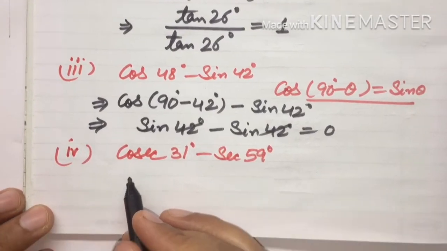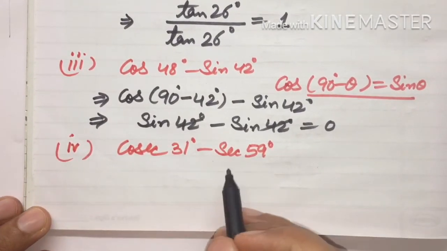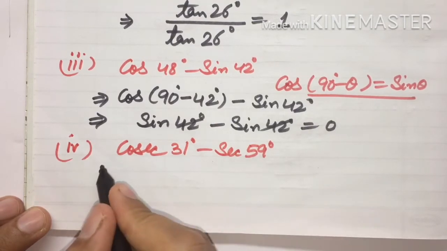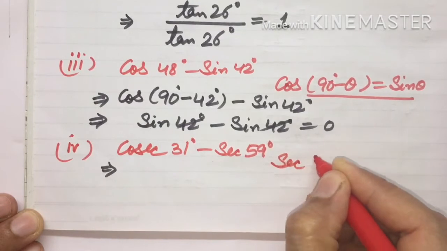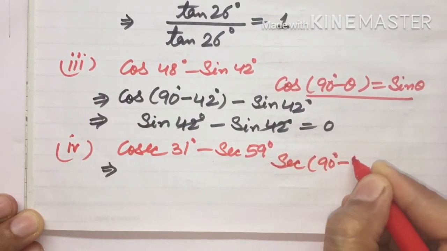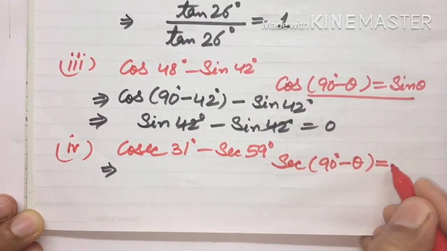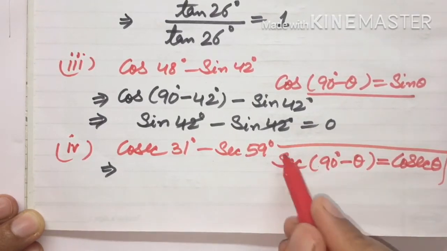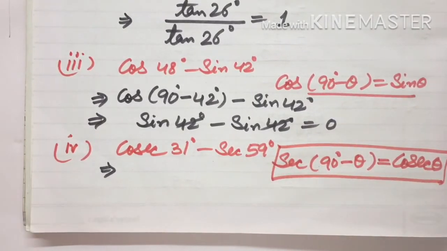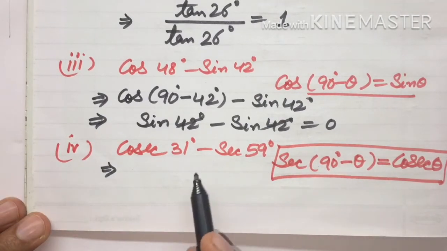The fourth part: cosec 31 degree minus sec 59 degree. So how will we solve it? We know the relation that sec(90 degree minus theta) is equal to cosec theta. We will use this relation in the question.